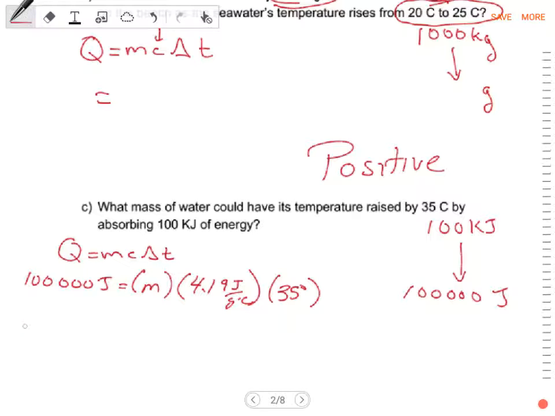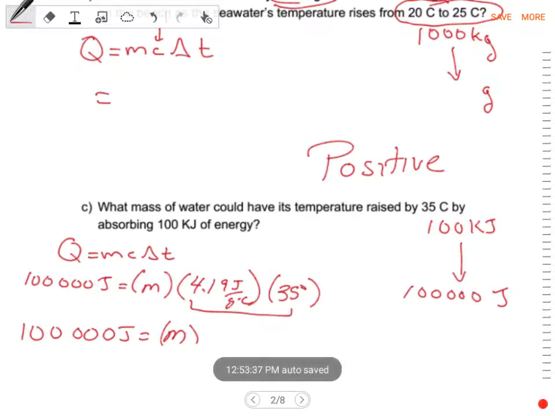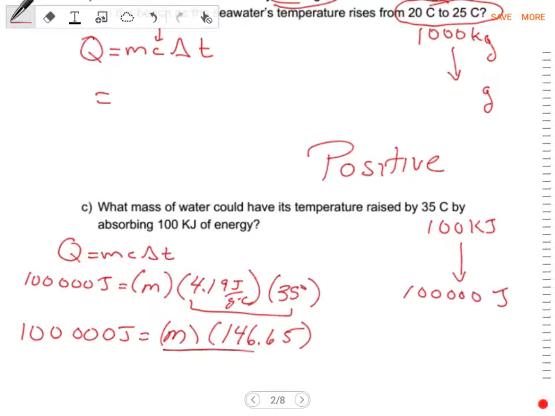My opinion would be, in order to isolate this, the first thing I would do is multiply these two values on the right-hand side. 4.19 times 35 gives you 146.65. Then we'll undo the algebra by going the opposite. That's multiply, so we'll divide. We'll do the same thing over here.